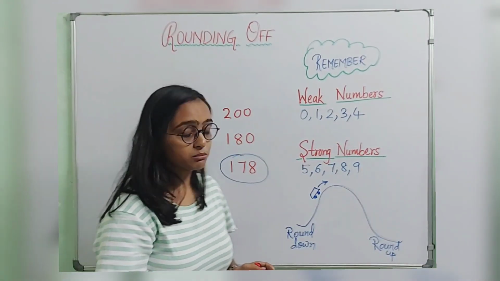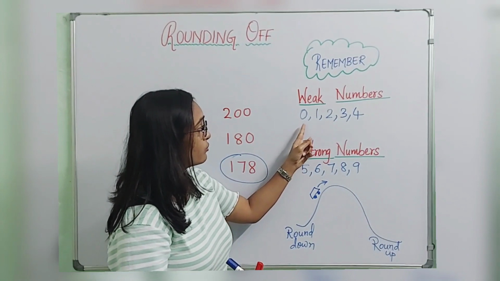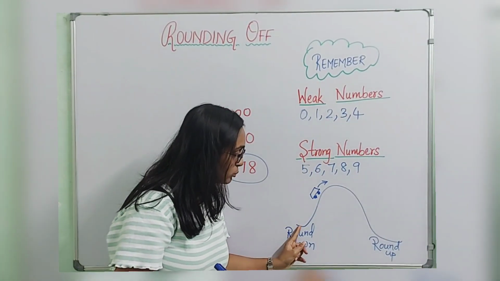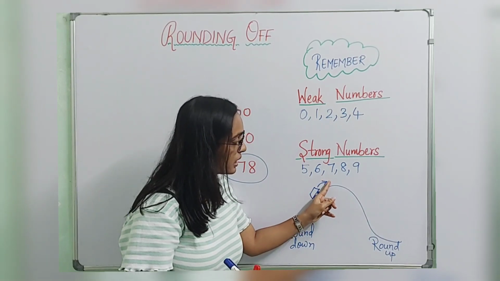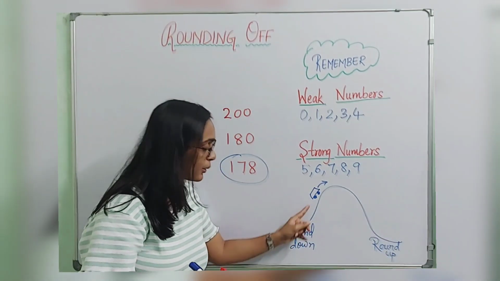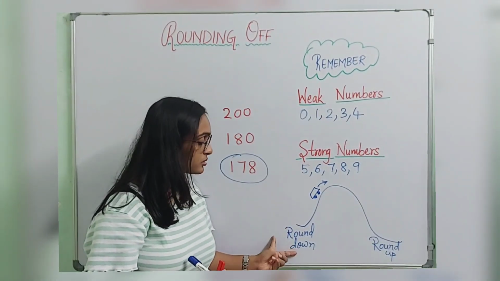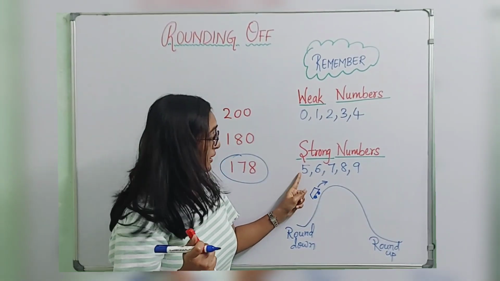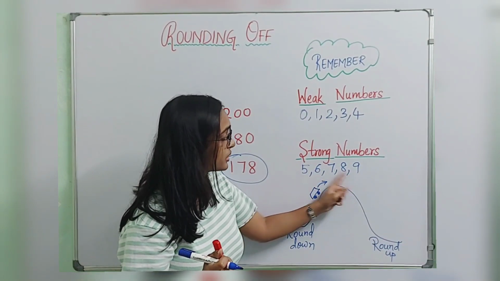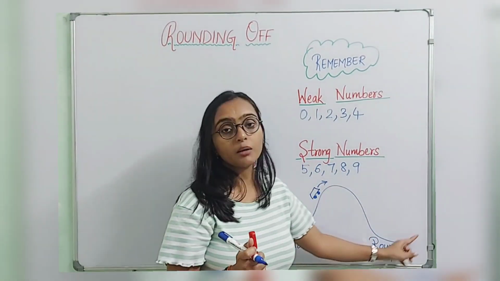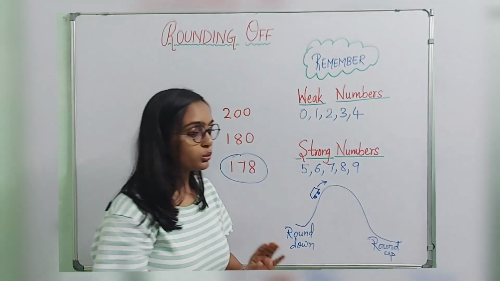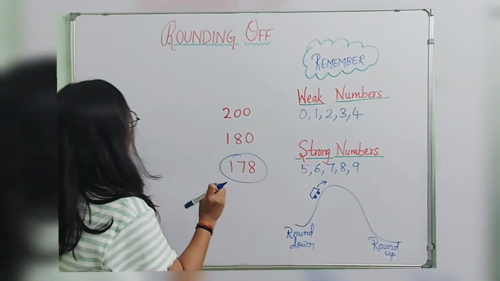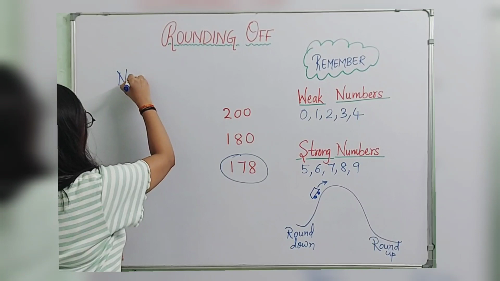So if any number is 0, 1, 2, 3, 4, they will try to move across the roller coaster, but they will slide down and round down. But if they are strong enough, like 5, 6, 7, 8 or 9, they will round up over the roller coaster.